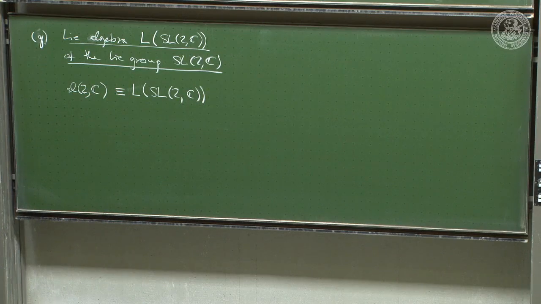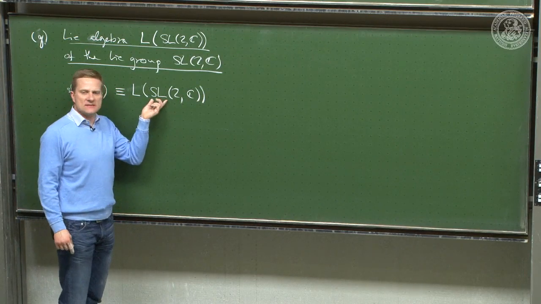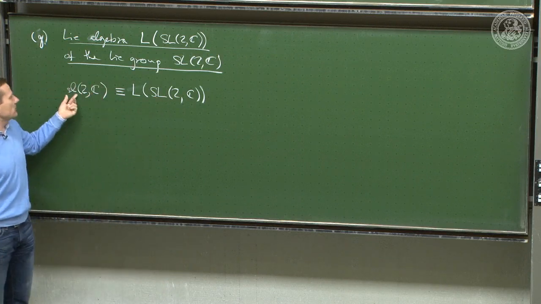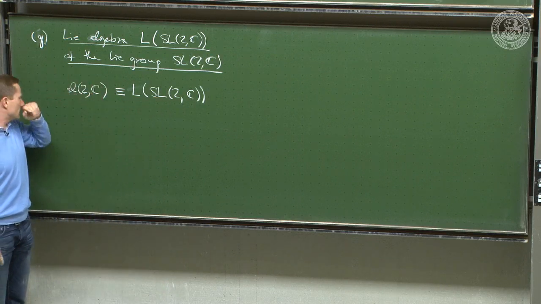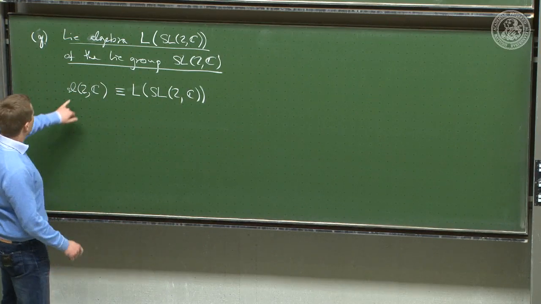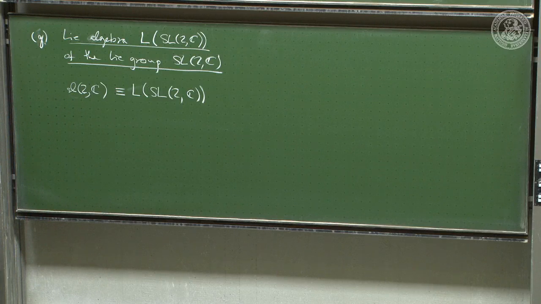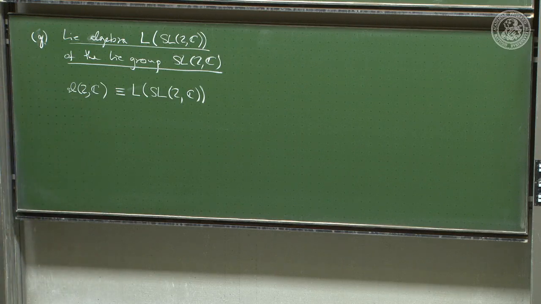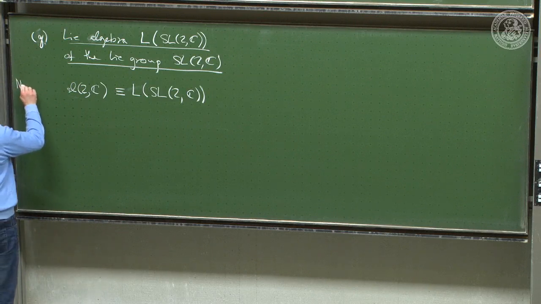So if you have a Lie group and it carries a capitalized name, which it always does, then the corresponding Lie algebra carries the small letters, SL2C. Okay, that's just terminology, notation.